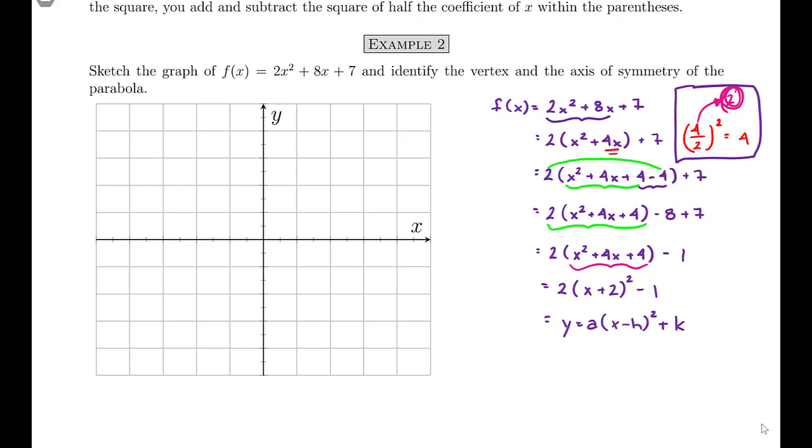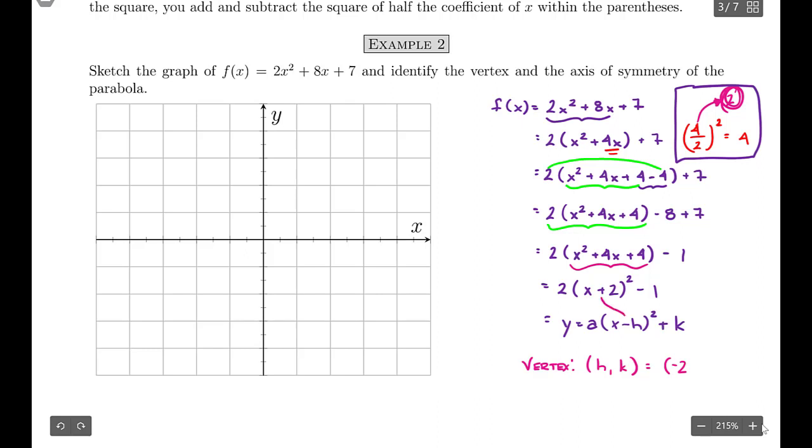So this tells me what my vertex is. My vertex is h, k. And in this problem, h is going to be negative 2.